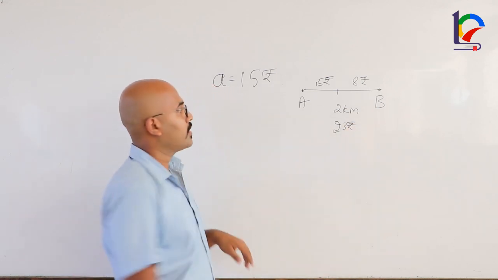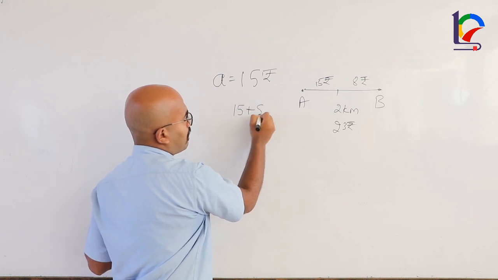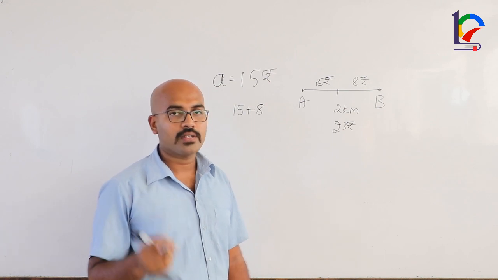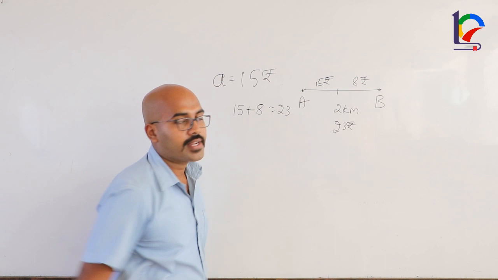So how did you get that? It is first term 15 plus 8. 8 is nothing but the common difference. So it is 23.